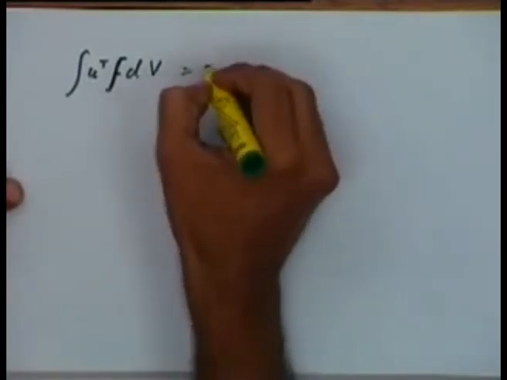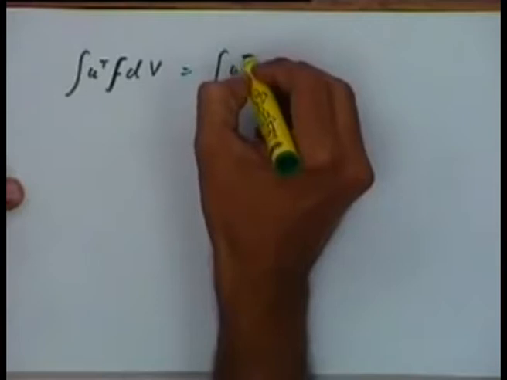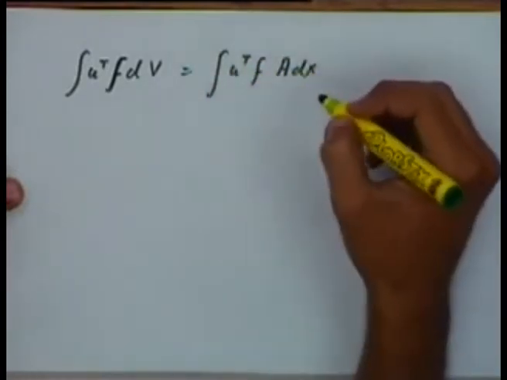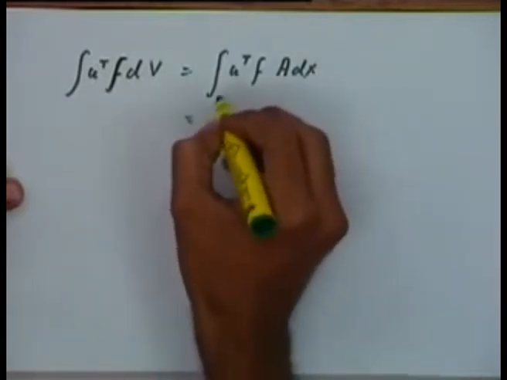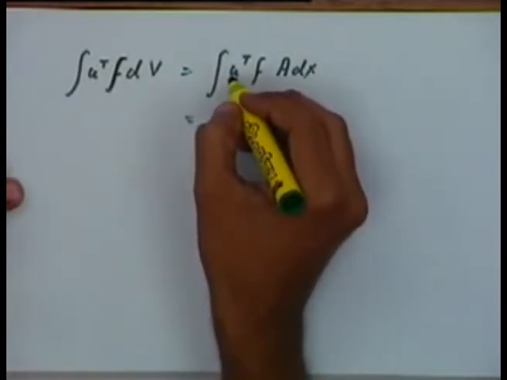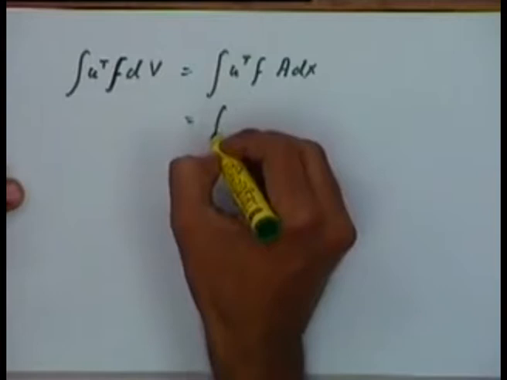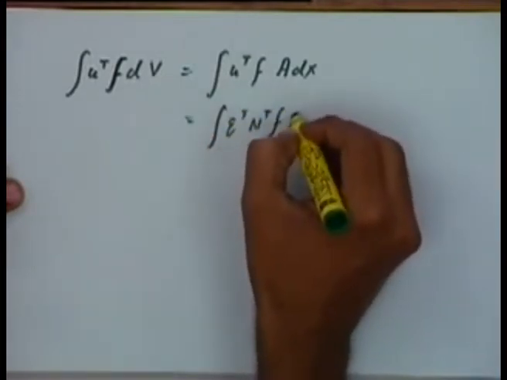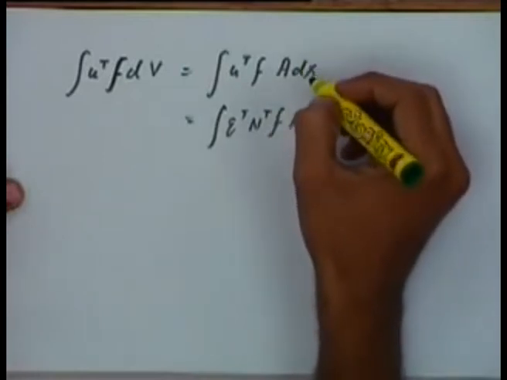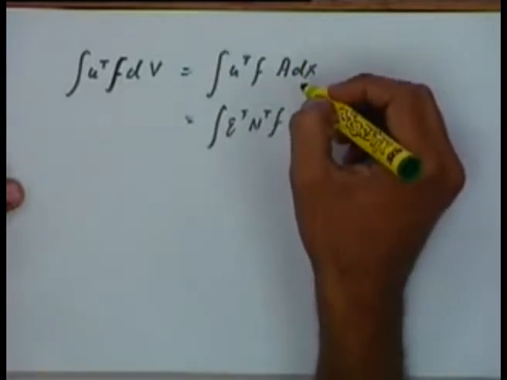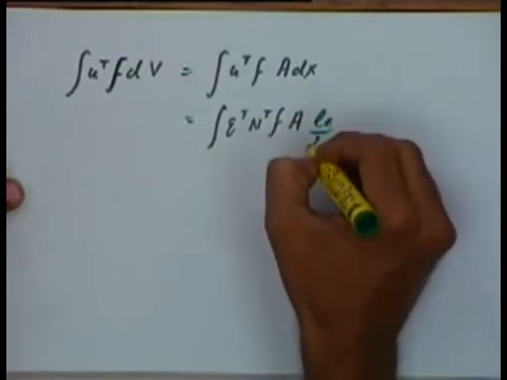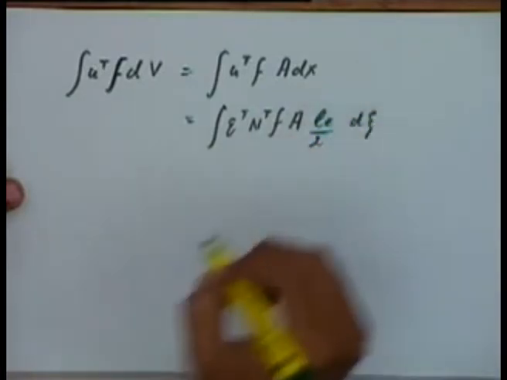This is nothing but the integral of U transpose F A dx. U transpose is n times Q, so this will be the integral of Q transpose n transpose F A dx. Again I will convert that into terms of d zeta, so I will get this to be LE by 2 times d zeta.